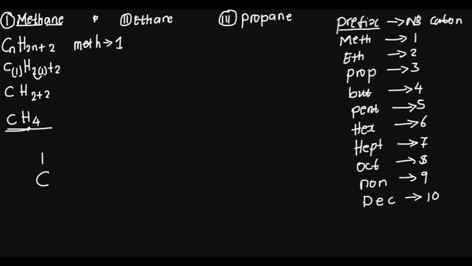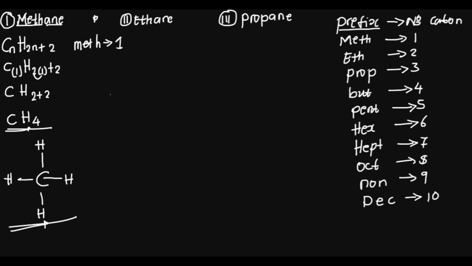So we are going to put 4 bonds. Then on each bond we are going to attach a hydrogen. So this is our structure for methane, and we can see that it has obeyed the rules: each hydrogen has one bond, and the total number of bonds for carbon is 4.